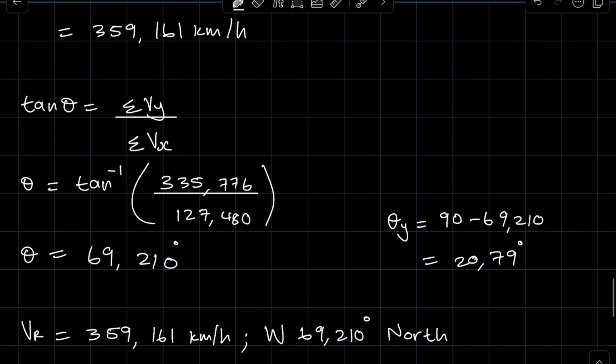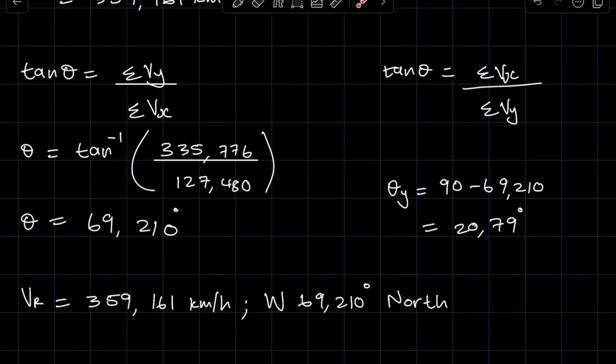Or you could have used tan theta equal to the sum of v in the x divided by the sum of v in the y. If you used this, you essentially get the same thing.